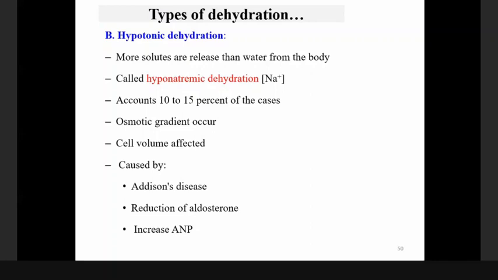Addison's disease is a disease when the cortisol in your blood gets less. You know, cortisol is the life-saving hormone, produced from the adrenal gland. So when that hormone gets less, the condition you have is called Addison's disease, which results in hypotonic dehydration. Reduction of aldosterone and increased atrial natriuretic peptide are some of the causes.